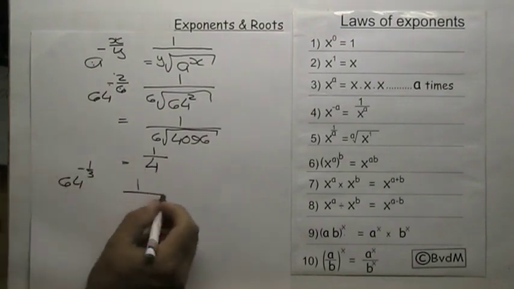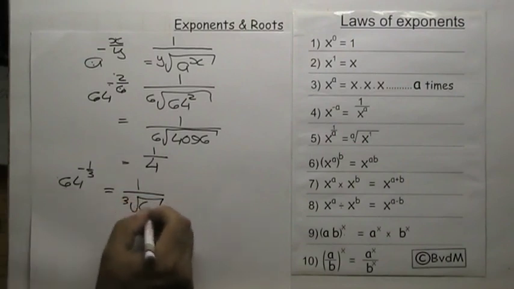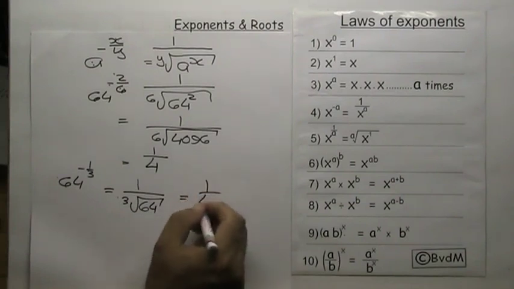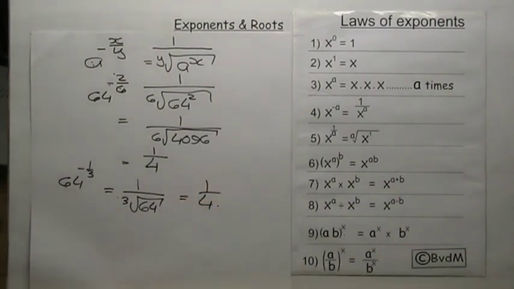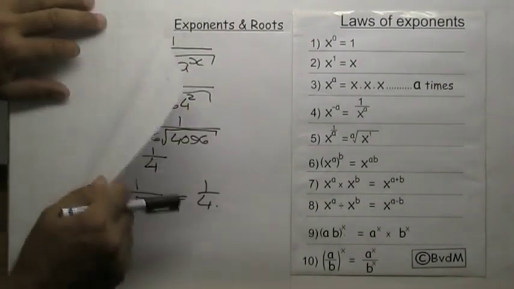Minus is 1 over the cube root of 64. And the cube root of 64 is 4, because 4 times 4 times 4 is 64. So, you must just be careful when you start getting combinations. You must just keep a cool head.